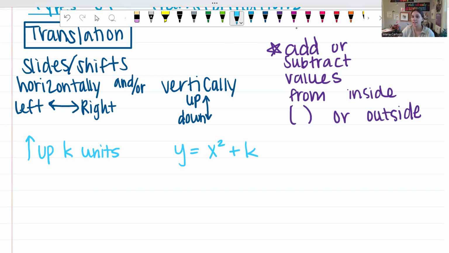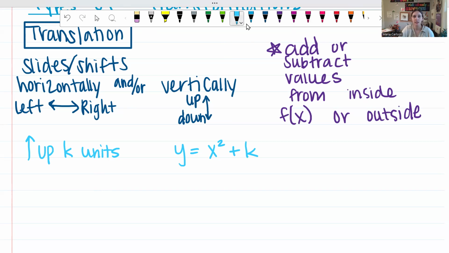So you are either adding or subtracting values from inside with x or outside the function. So this is outside. If you're going up or down, you are directly affecting the y values, the function values. So you are going to be outside of that function.